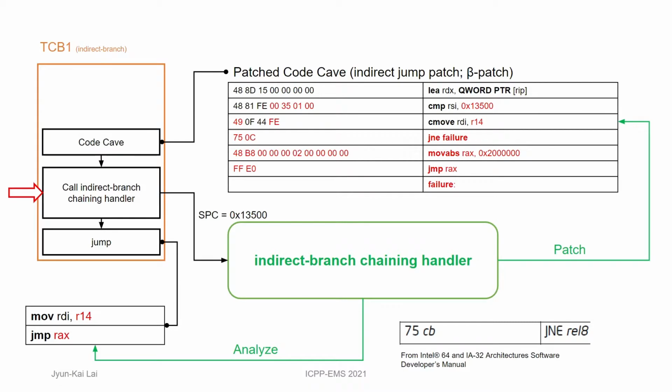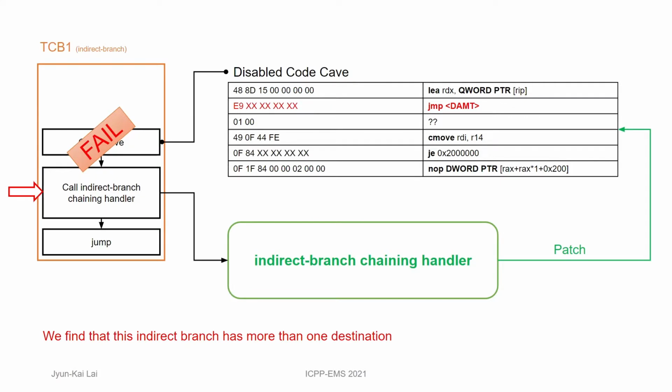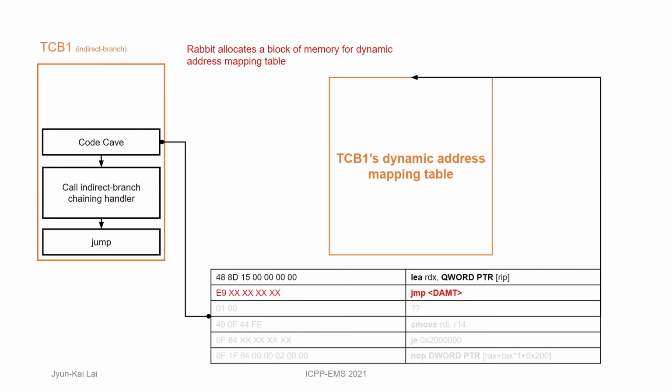If the lookup fails in the code cap, it means the indirect branch has more than one destination. The code cap is disabled by patching a jump instruction, and the jump instruction will transfer control to a block of memory, which contains many SPC and TPC pairs, and looks up the destination.